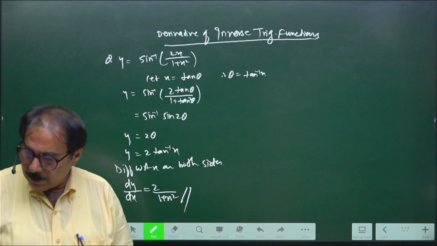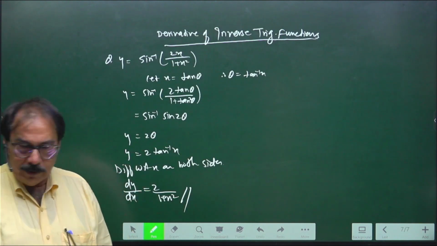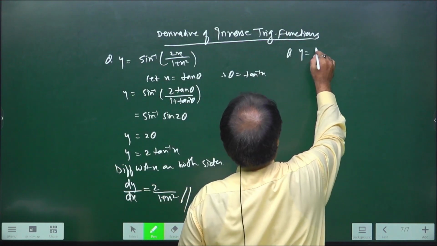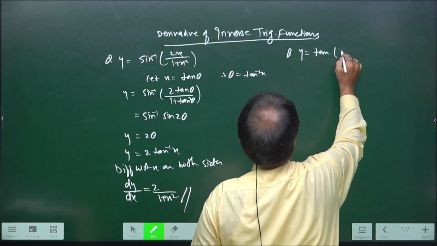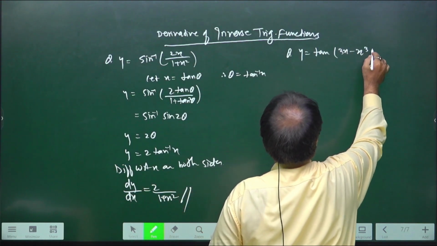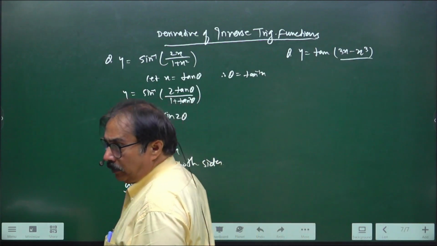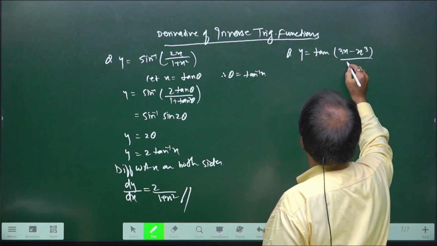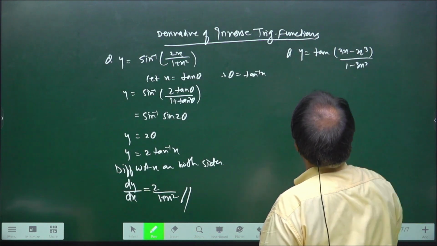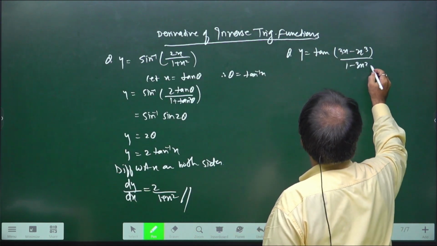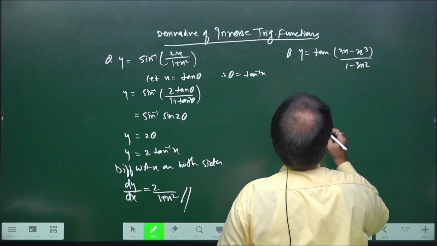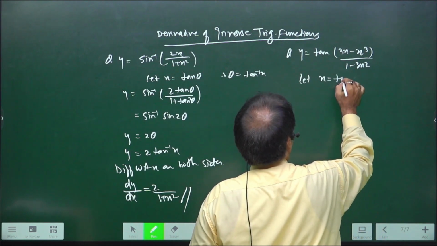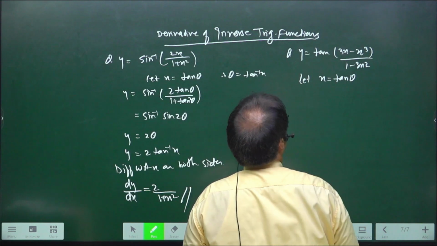Okay, another question, y is equal to tan inverse of 3x minus x cube upon 1 minus 3x square. This is the question, right? So here let x is equal to again tan theta.